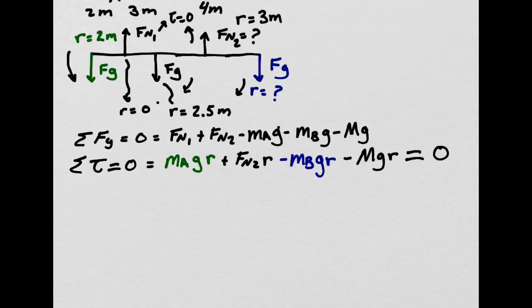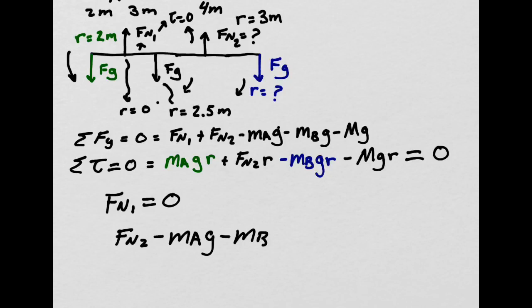So at the tipping point, the first support point here will no longer have a normal force. That means that Fn1 has to equal 0. So Fn2 minus Ma g minus Mb g minus capital M g equals 0.